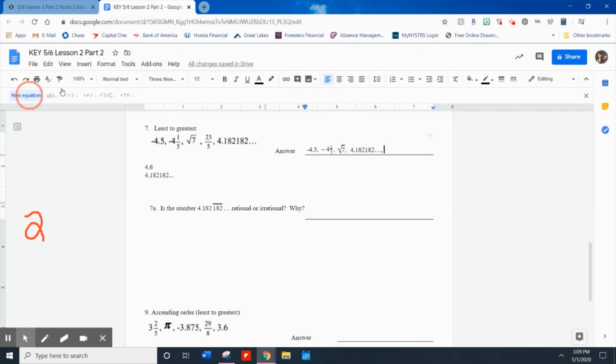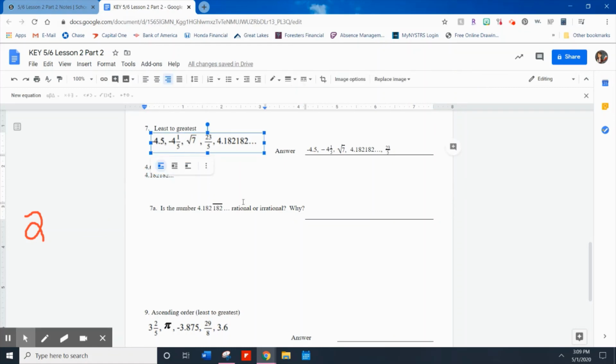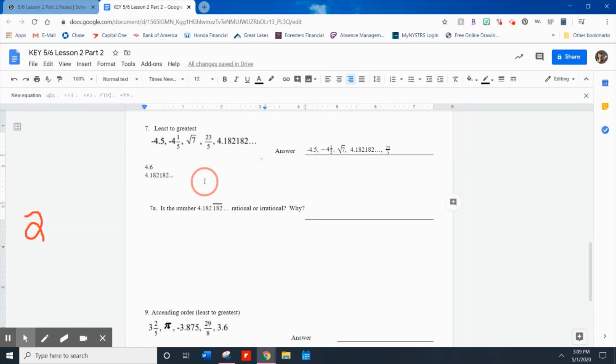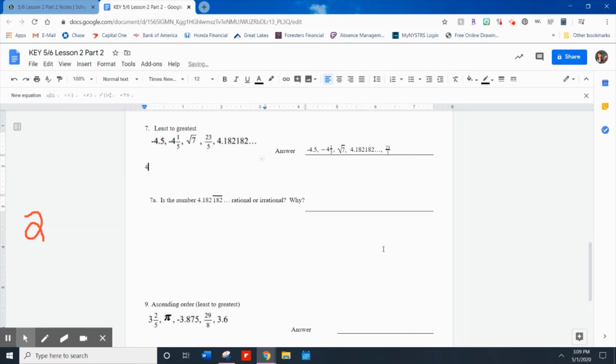Okay, so new equation, typing in that fraction, 23/5. Some of you might be saying, why can't I just write 4.6? Well, 4.6 was never given to you. So you need to be able to identify that 4.6 is equivalent to 23/5. So you always have to use the numbers that they give you.